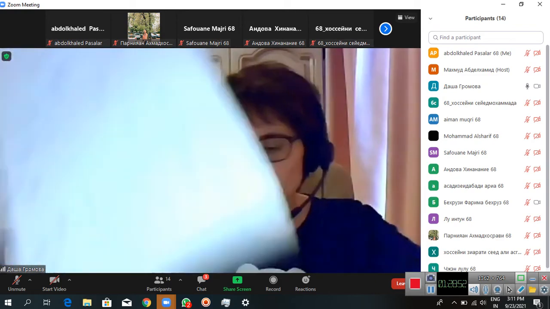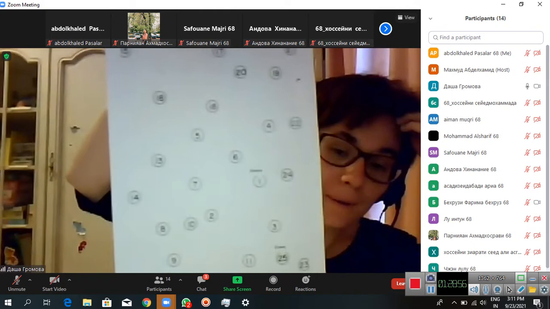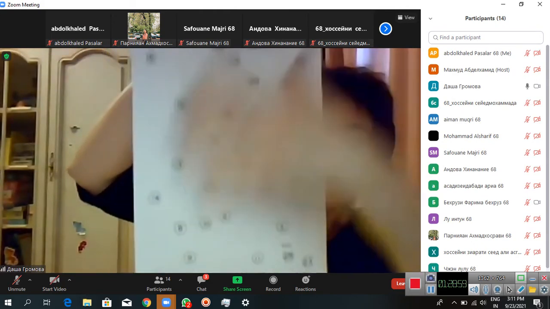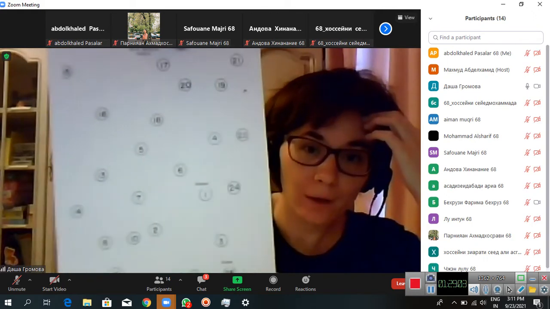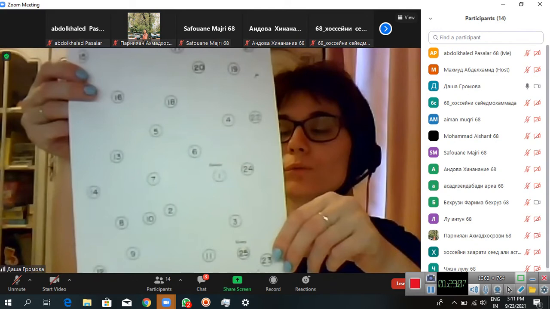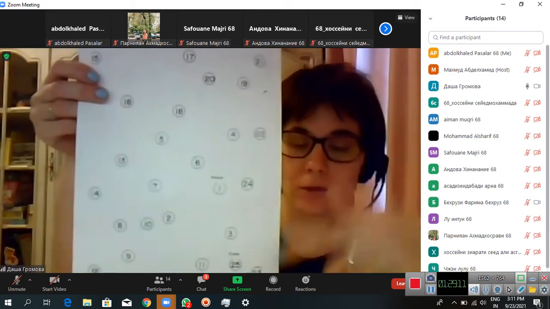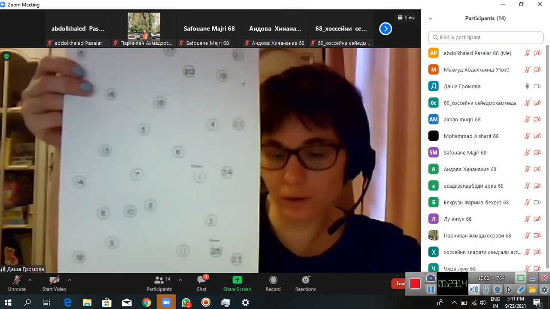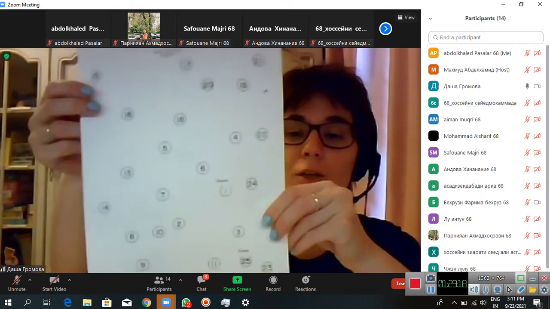Here are 25 numbers that are spread over the whole piece of paper. We ask the patient to draw a line in order, 1, 2, 3, 4, 5, 6, 7, up until he gets to 25. And of course, we measure the time.